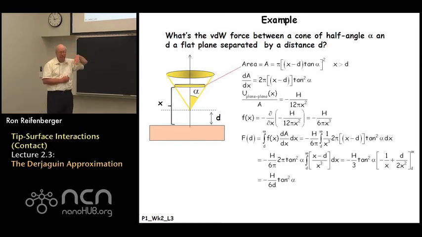But at the end of the day, you then have an expression for the interaction force as a function of d. In this case, it's of a conical tip with a flat plane. So this is just an example of Derjaguin approximation that might be useful as you work your way through different situations in atomic force microscope experiments that you might be interested in performing.